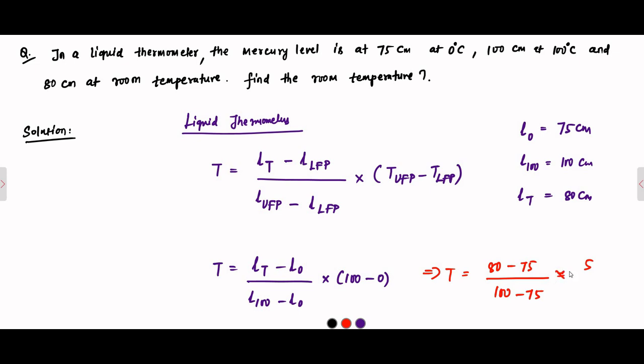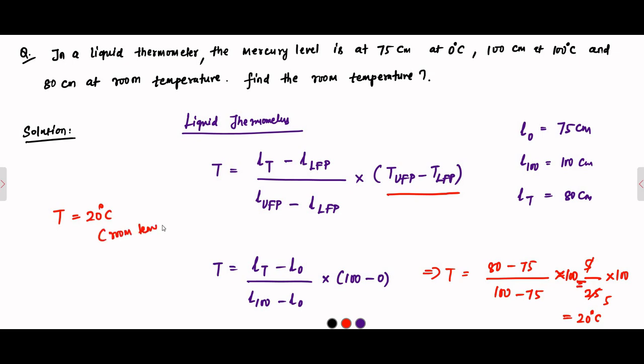So this is equal to 5 by 25 into 100, which is 1 by 5 into 100, that is equal to 20 degrees Celsius. We multiply by the difference of the upper and lower fixed points, that is 100. So the room temperature is equal to 20 degrees Celsius.